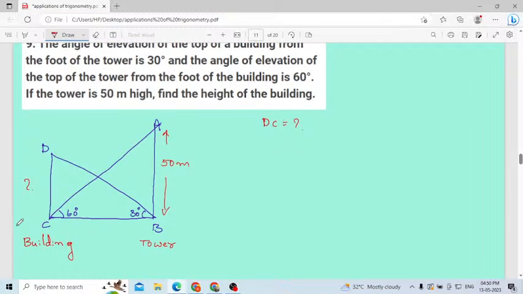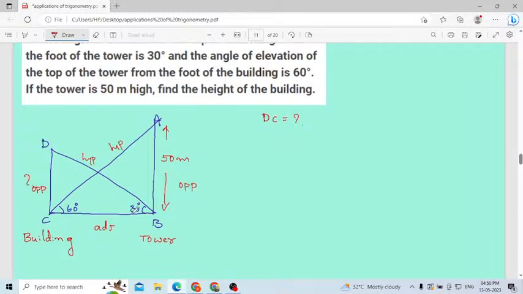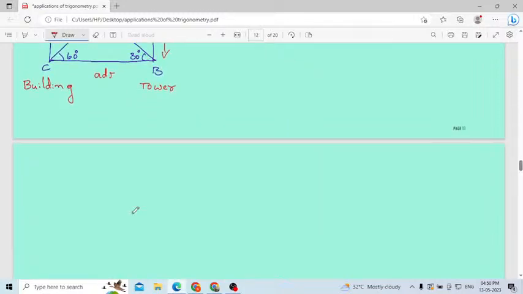Okay, let us consider here: this is the adjacent, this one is the opposite, this also opposite, then this one is hypotenuse, this one also hypotenuse. Then consider the triangle ABC first.